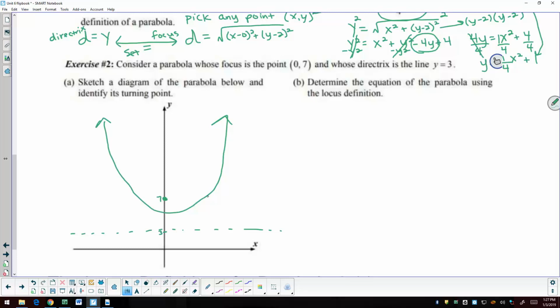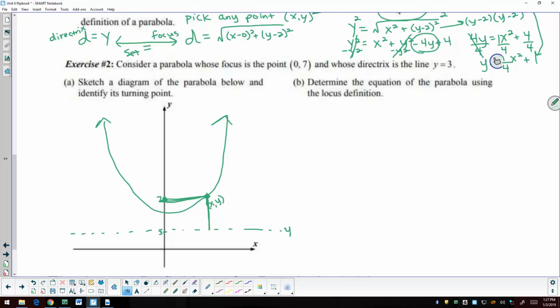Well, remember, you're going to pick any point. I'll pick this one. I don't know what it is. It's xy. The distance that this point is to this line is going to be the same as this distance. So I'm going to set up those 2 distances using my distance formula and my knowledge of how far away this is.